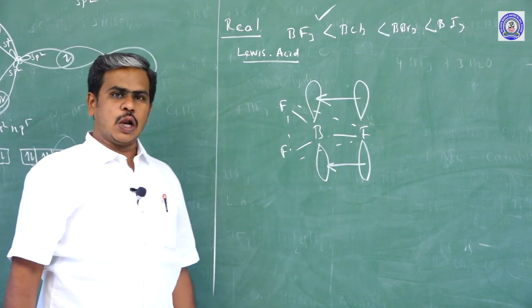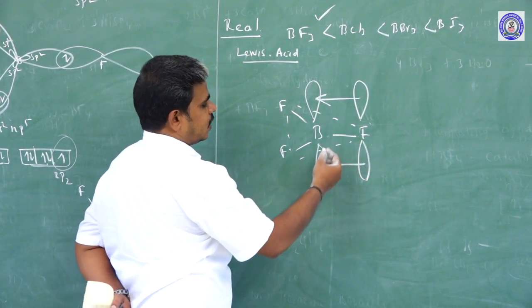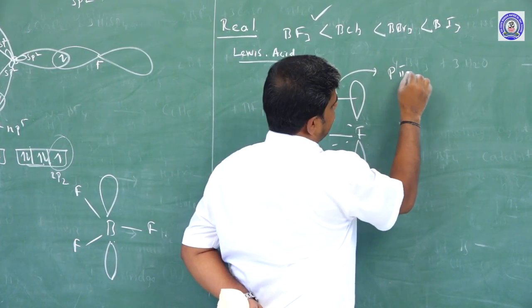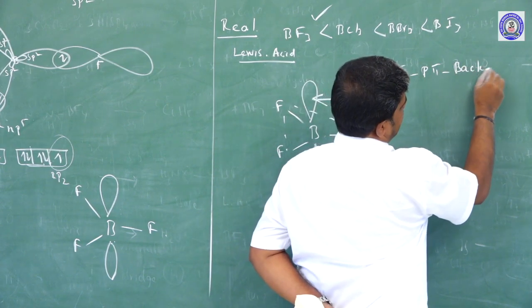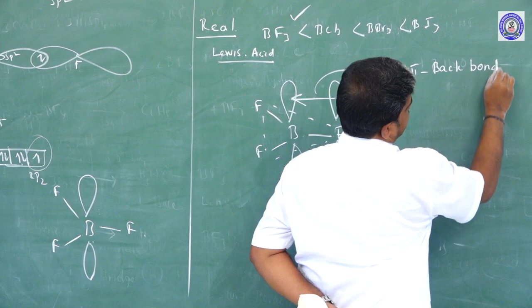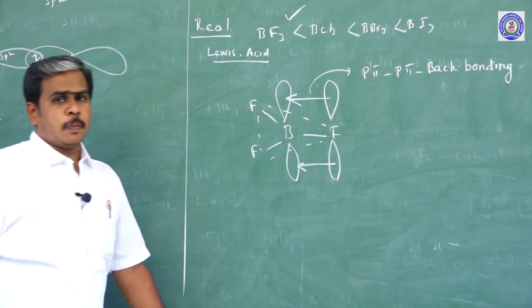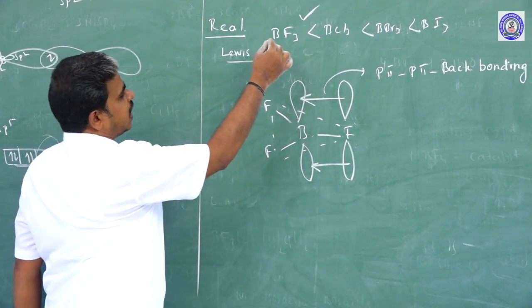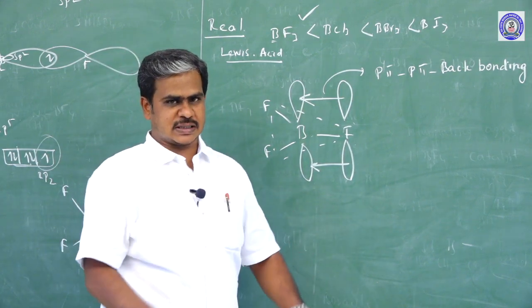This is known as p-pi back bonding. Due to p-pi back bonding, the electron deficiency of boron is much reduced.